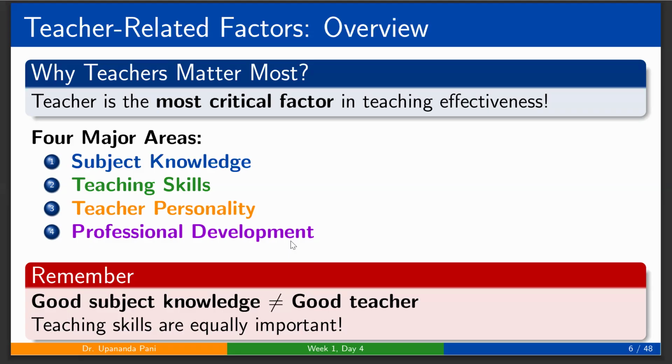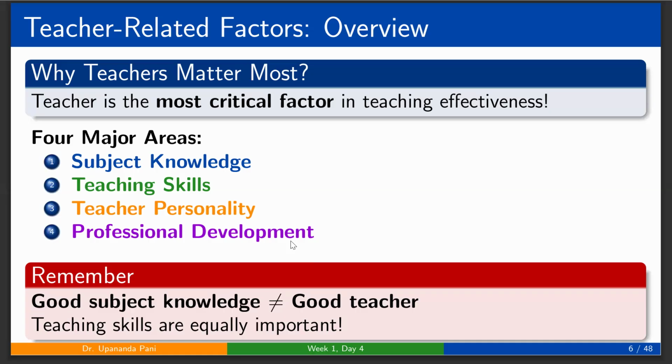These are the four important areas where the teacher can actually improve themselves, right? And these are very important dimensions of a good teacher.